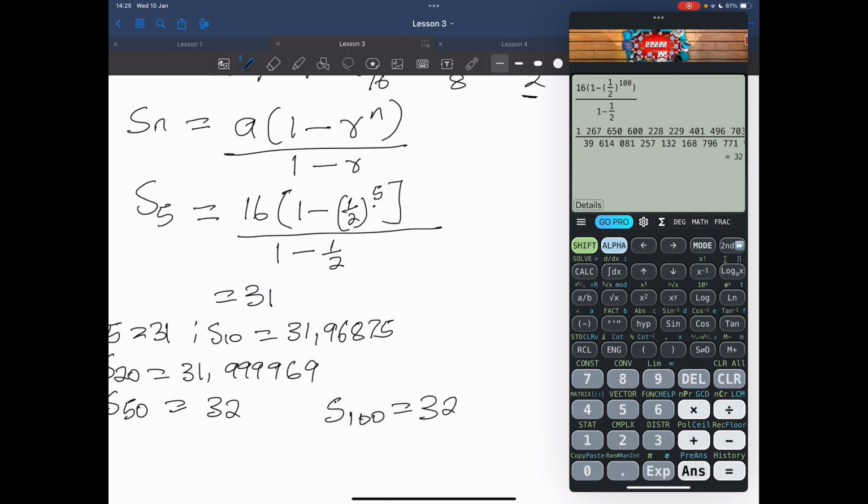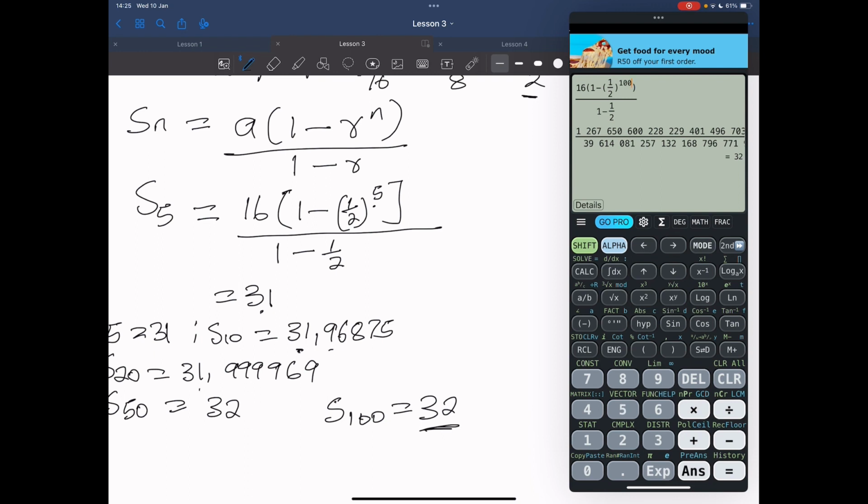Now, if we look at this, everything is getting closer to a certain number. In this case, it is 32. So sum 5 was 31. Sum 10 was 31.96, which is closer to 32.